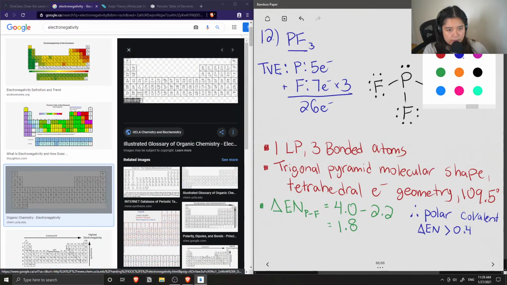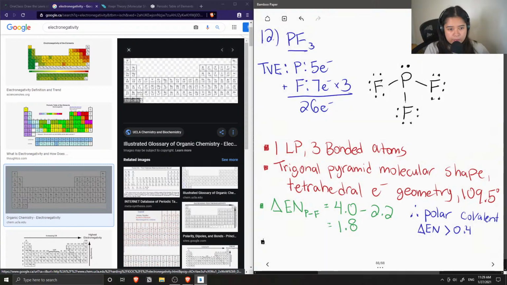I think they also wanted us to look at the overall molecule as well to see whether or not it was a polar or nonpolar molecule.